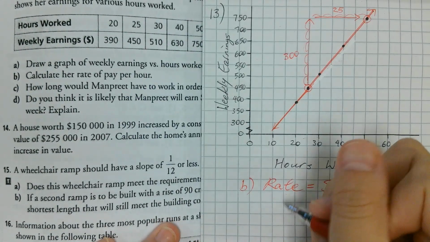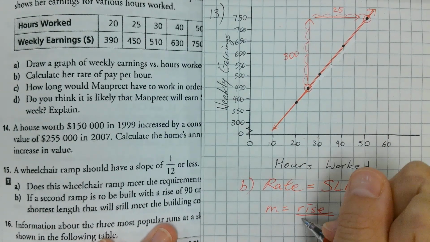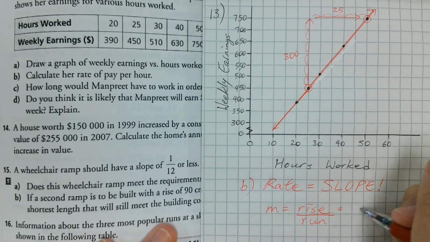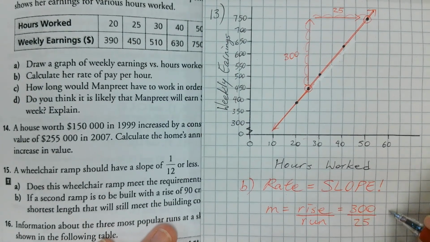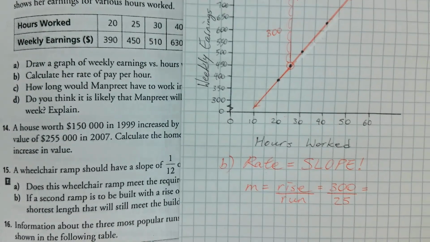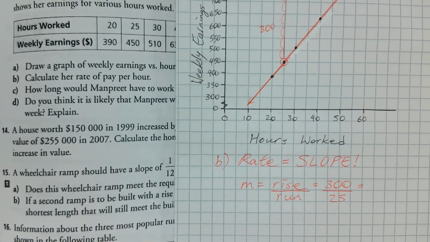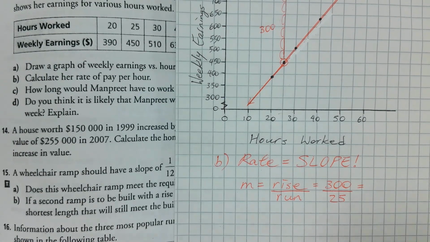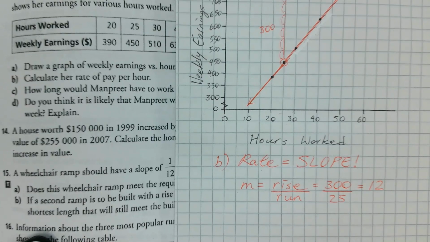So if I do my slope, rise over run, it's going to be 300 divided by 25, which gives you, what's 300 divided by 25? 300 divided by 25, 12. All right.